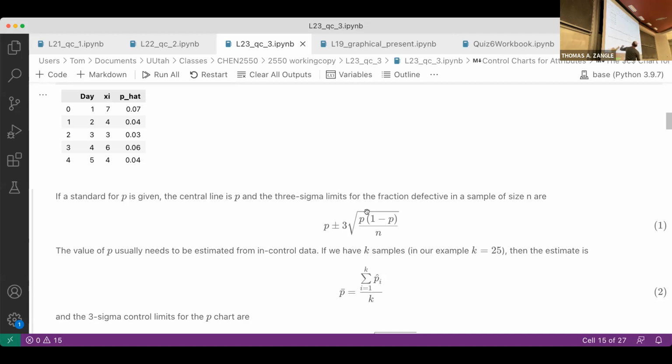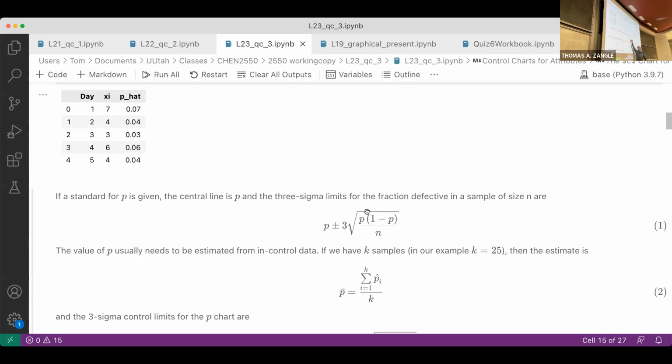There's an implicit assumption here in writing it this way. Does anyone know what assumption we're making? So one assumption is that we actually know what P is, and we're going to talk about how we estimate P. We're going to use the overall grand mean to estimate P. But we're assuming that we know what P is.